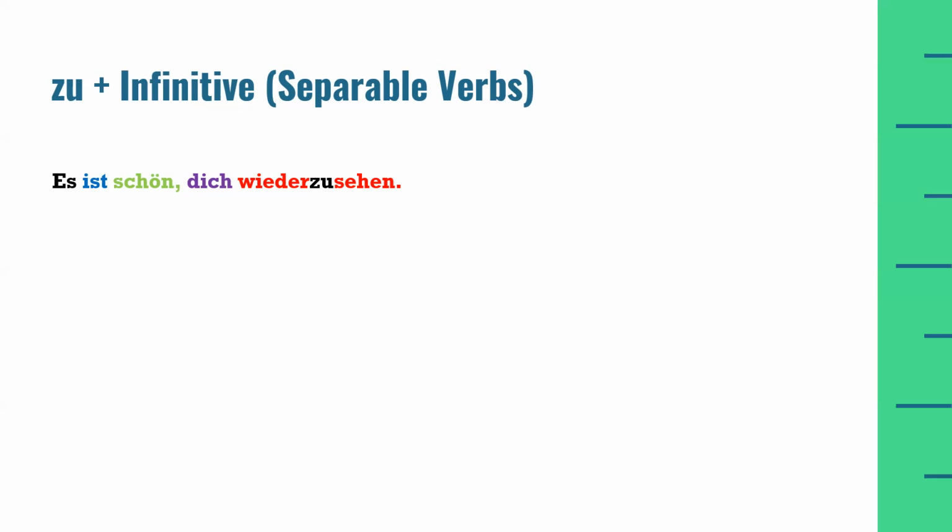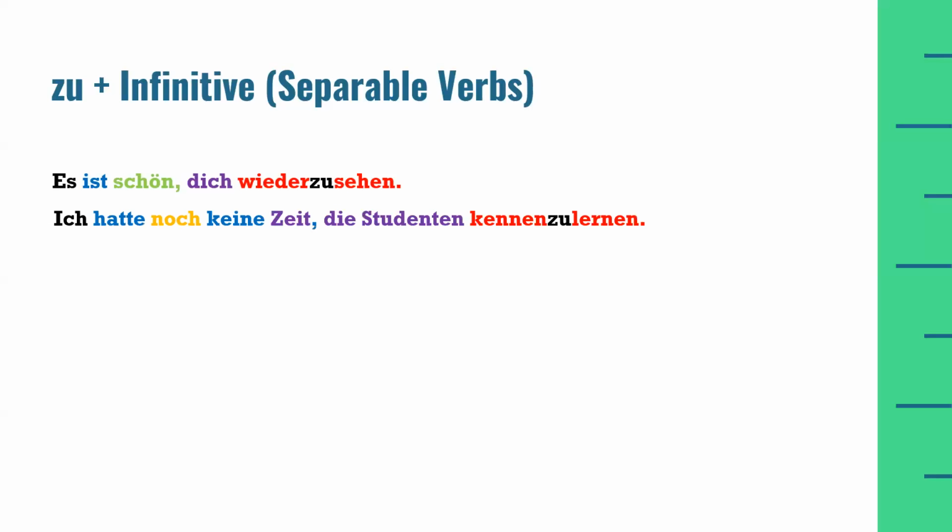So, wieder and sehen are the two different parts of a separable verb, and we have to put zu in between them. We cannot say dich zu wiedersehen. That will be wrong.